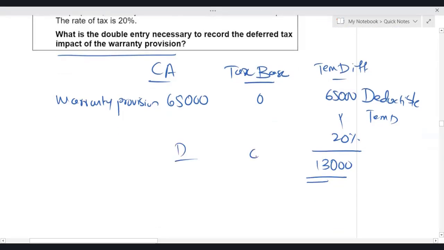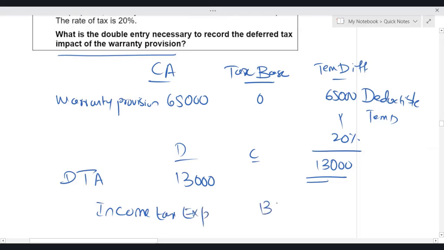Double entry will be debit and credit. Deferred tax asset will be debited, and income tax expense will reduce. When deferred tax liability arises, it increases your income tax expense. Whenever we recognize a deferred tax asset, it will reduce your income tax expense.